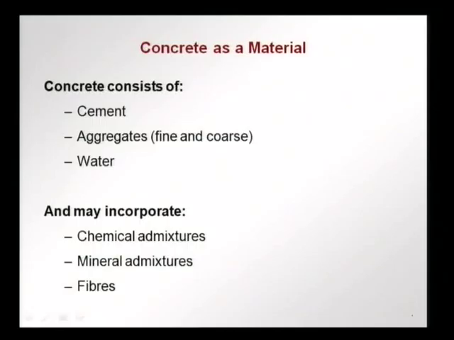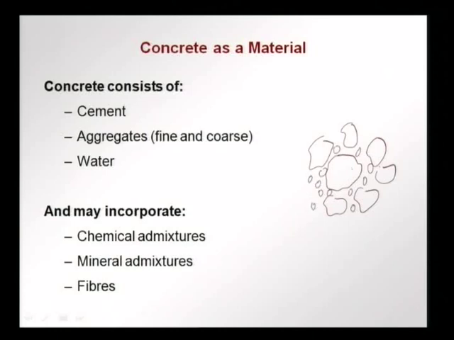The majority of concrete consists of aggregates, which are pieces of stone. They are classified as fine aggregates and coarse aggregates. Fine aggregates are material smaller than 5 millimeters in general, and those more than 5 millimeters are called coarse aggregates. We have aggregates of different sizes within the concrete, in different fractions, such that the smaller aggregates fill up the space between the large aggregates, so that the voids are reduced.